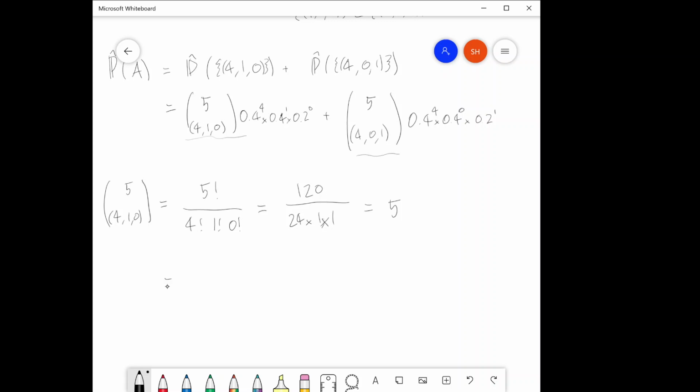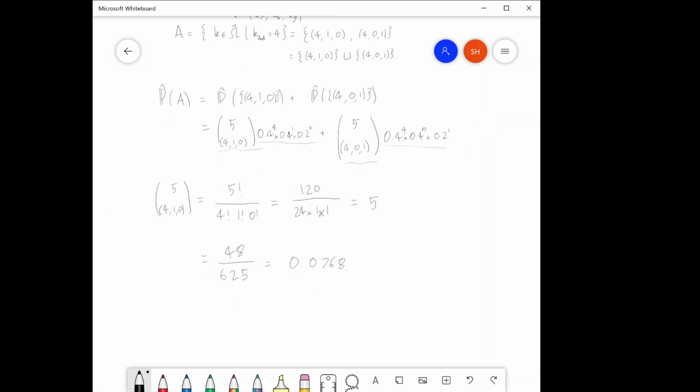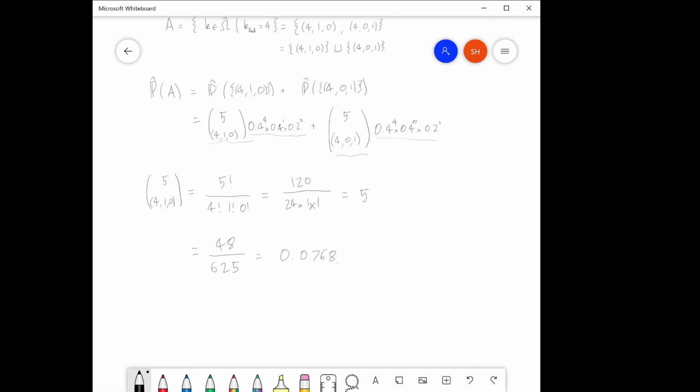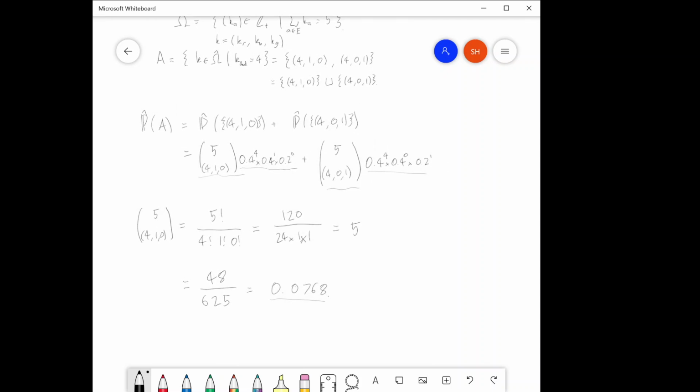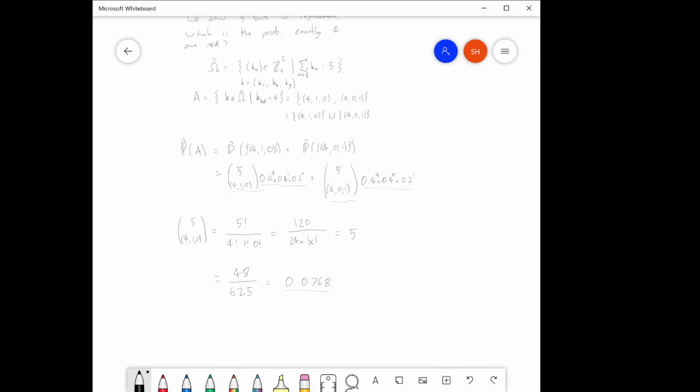Then you can plug this in a calculator or figure it out by hand, and you come to the answer of 48 on 625, or 0.0768. Okay, and there you've figured out the probability of getting exactly 4, assuming that our model is all correct.